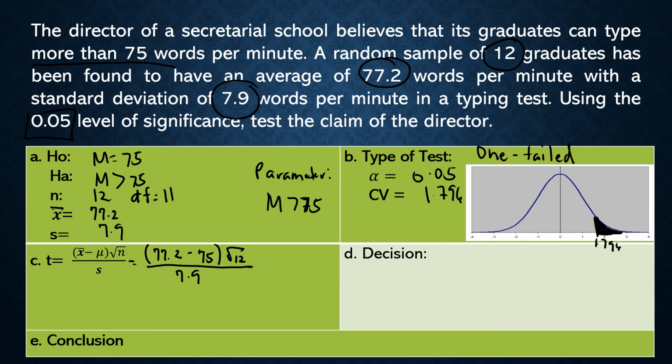If you're going to press this on your calculator, it will be double parentheses 77.2 minus 75 close, times the square root of 12 close, divided by 7.9. Now, if we compute for that, your t-value is equal to 0.96. So now, let's plot 0.96 on our critical region or on our normal curve. 0.96 will fall here.